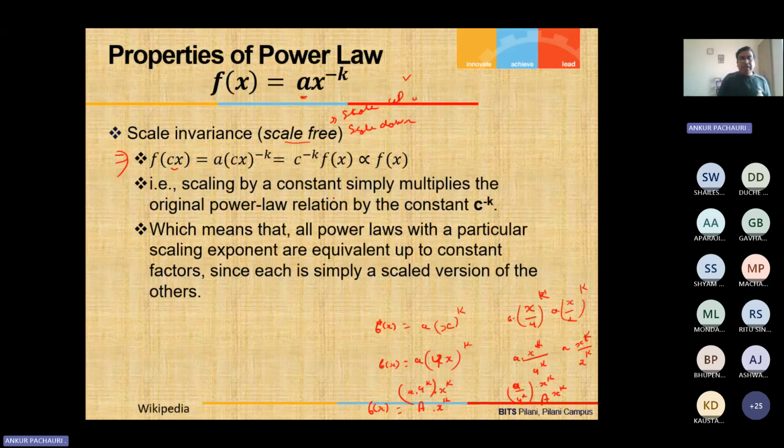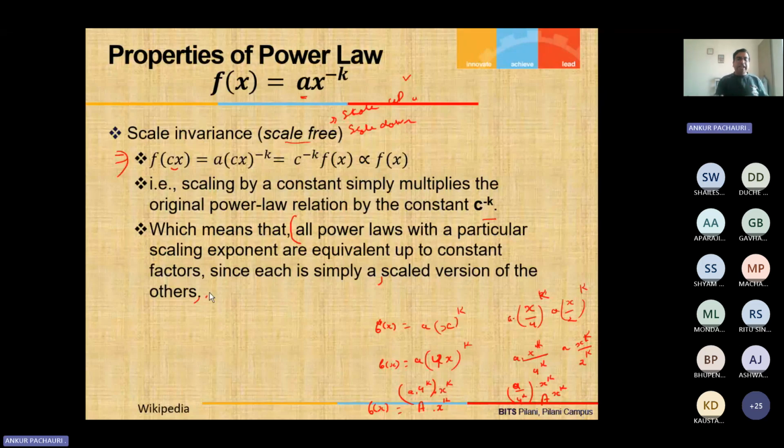So scaling by a constant simply multiplies the original power law relation by some constant, but that relation remains the same. Which means that all power laws with a particular scaling exponent are equivalent up to a constant factor, since each is a scaled version of another. So that means all power laws are the same.